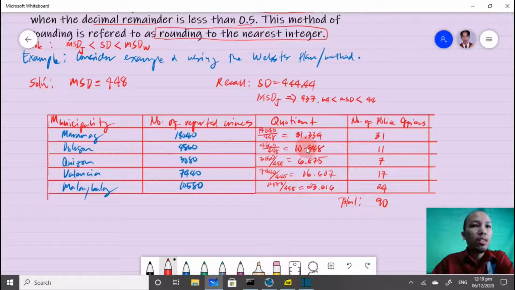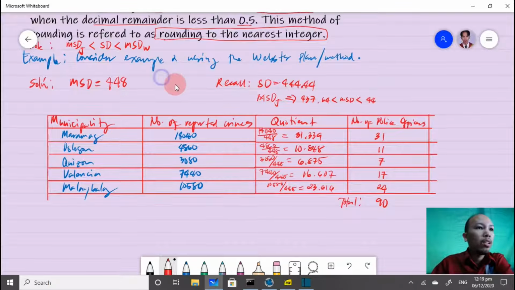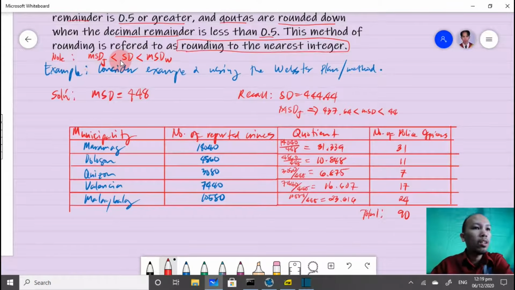So what I did before is a note here. This is just a conjecture; I did not prove this one. I noticed that the standard divisor for the Hamilton plan is greater than the modified divisor for the Jefferson plan, and it is greater than the Webster plan.